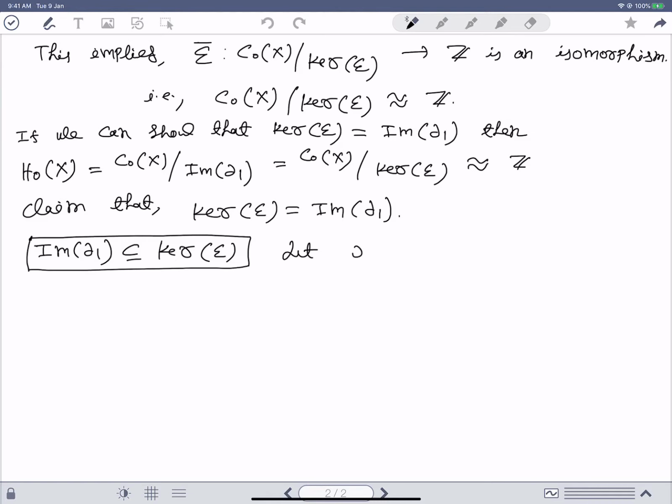So let sigma belong to the image of del 1.